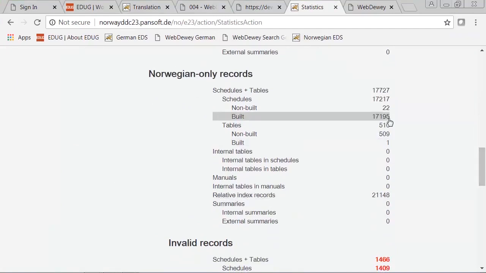They are all, or more or less, created in WebDewey. I would expect more than 95% are first created in WebDewey, then contributed to the distribution server, and from the distribution server to the translation software, and here they are approved, and we see 17,000 Norwegian only records.